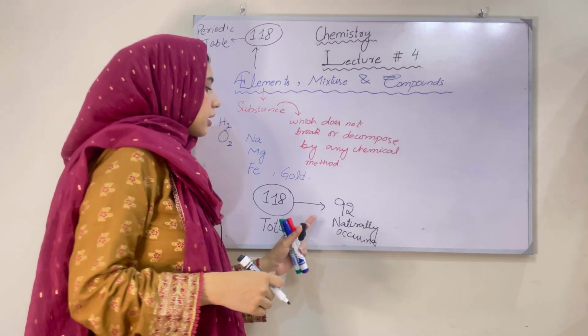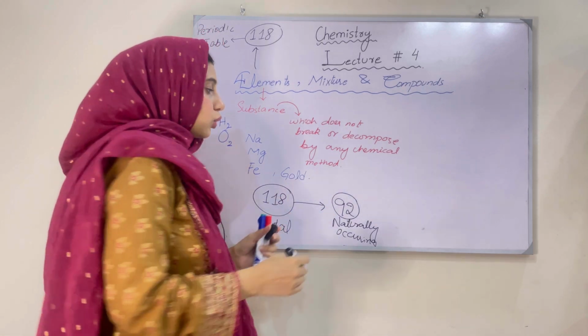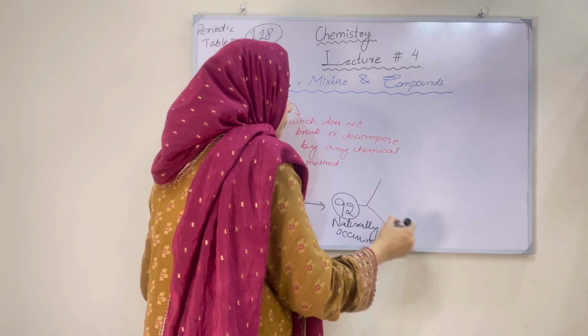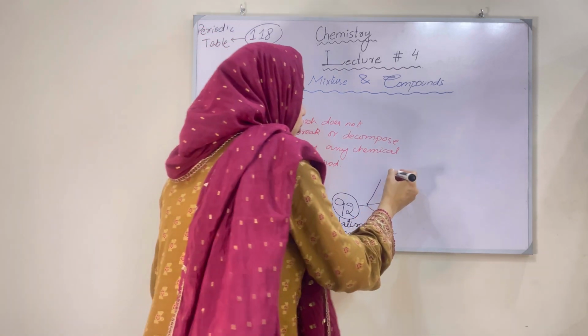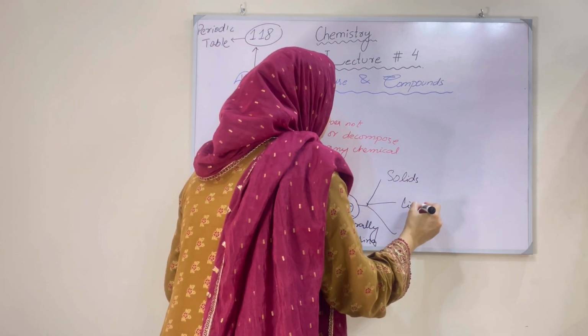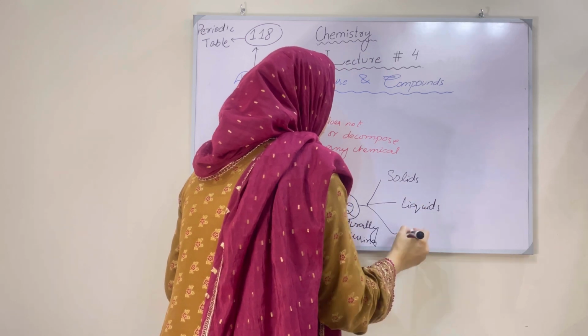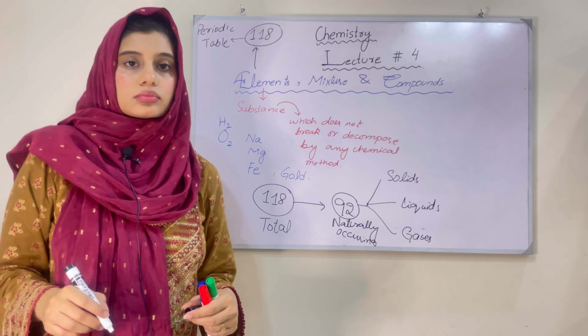Those 92 naturally occurring elements are further divided on the basis of states into solids, liquids and gases.